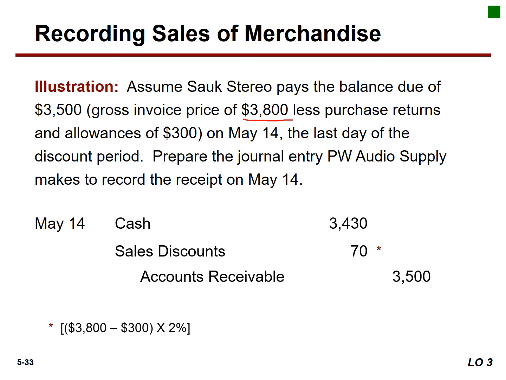If PW had gone in and debited cash for $3,430 and credited accounts receivable for $3,430, PW's books would look like Salk still owed them an additional $70, which we know is not the case because of this $70 discount.